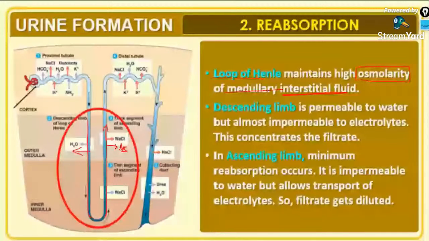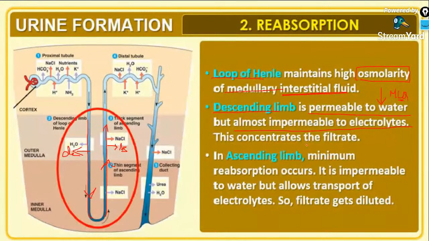Look, descending, ascending. So the descending limb of the loop of Henle, guys, in the evening lecture I'll be asking you, and you have to give me the answer by yourself about this. The descending limb is permeable to water but almost impermeable to electrolytes.